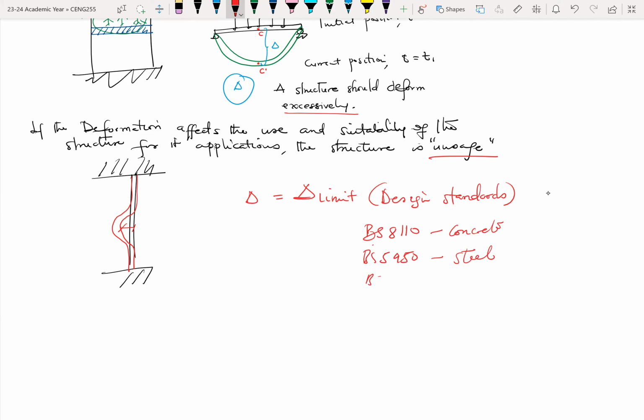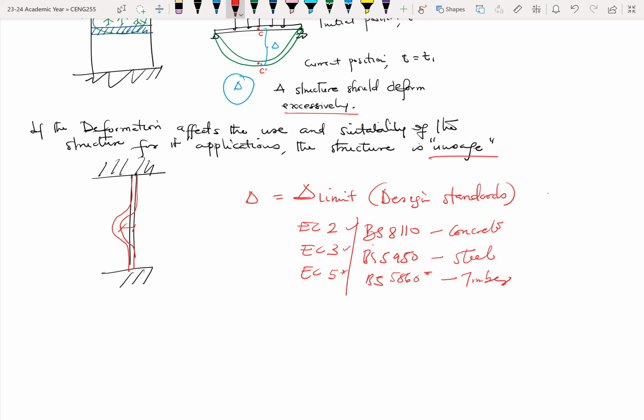And I think there's one for timber. I think that's a BS 5860. Don't take my word for it. That's 60 or 30. I've forgotten the code, but that deals with timber. Okay. And you also have a similar one also in the Euro code. I'm not too sure of this one.